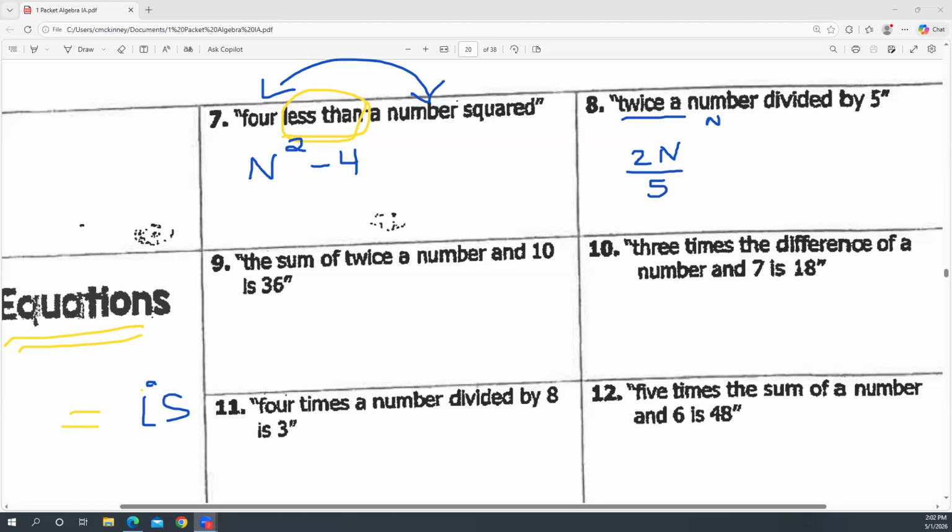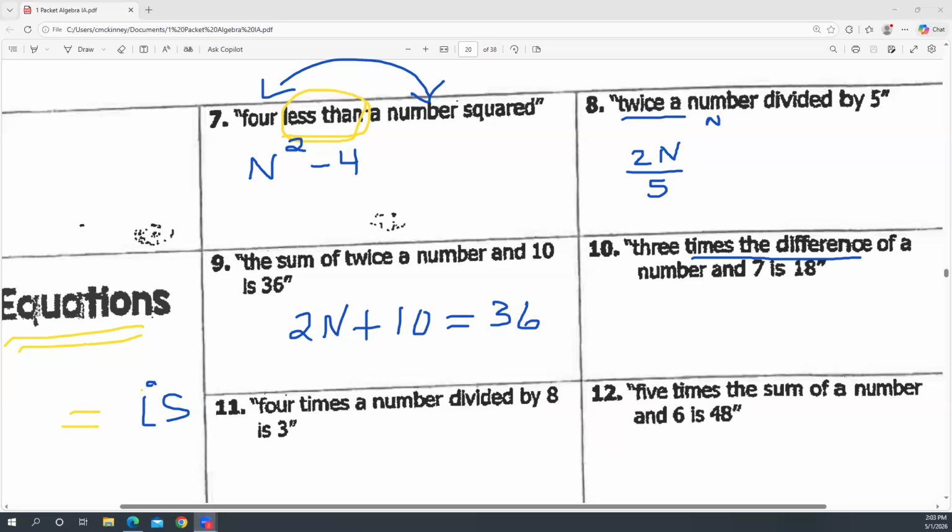There are some other words, but that's by far the most common. So in number 9, the sum, so I'm adding something together because I saw the word sum. What am I adding together? Twice a number, so 2 times a number, and 10, and then is 36. Number 10 is an example. I see times the difference. So this is going to be a time when we need to use parentheses.